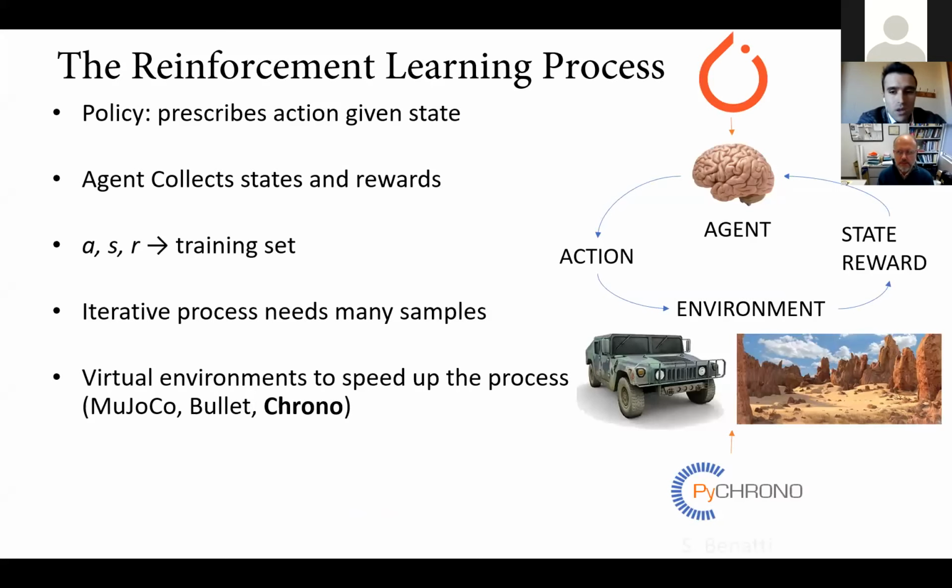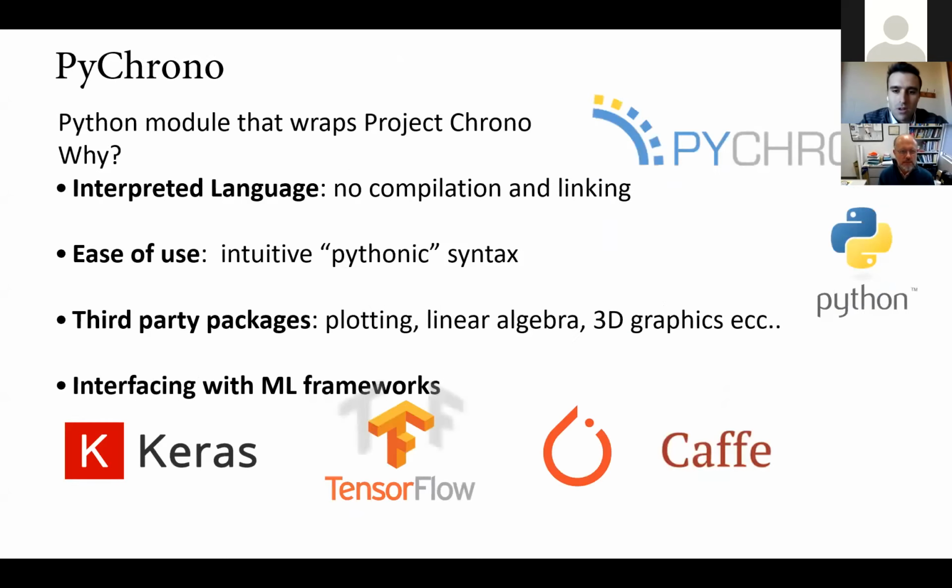In addition, we are exploring deep reinforcement learning. We are using Chrono in the deep reinforcement learning context, so basically a deep learning process for control based on trial and error. This was made possible by PyChrono, which is an alternative API that uses Python and interfaces directly with our precompiled Chrono libraries.